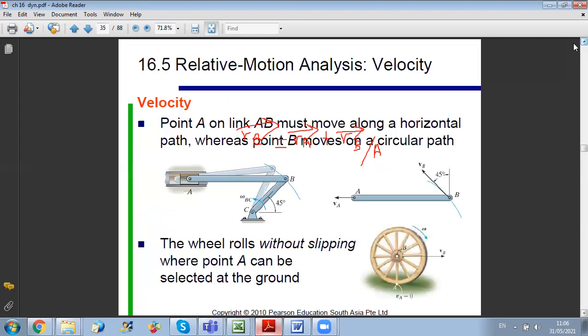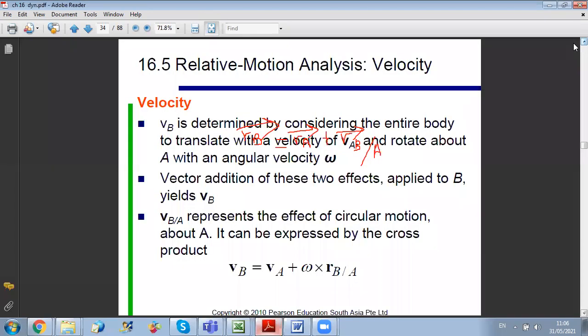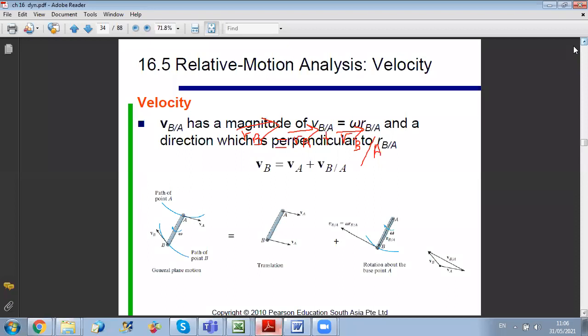When we did the analysis of general motion, we decomposed general motion into translation of point A plus rotation of B around A. So keep in mind that you have to approach this when you do relative motion. In case you have a translating frame at A, you will have a certain equation. And in case you have a rotating frame at A, the equation will be different.